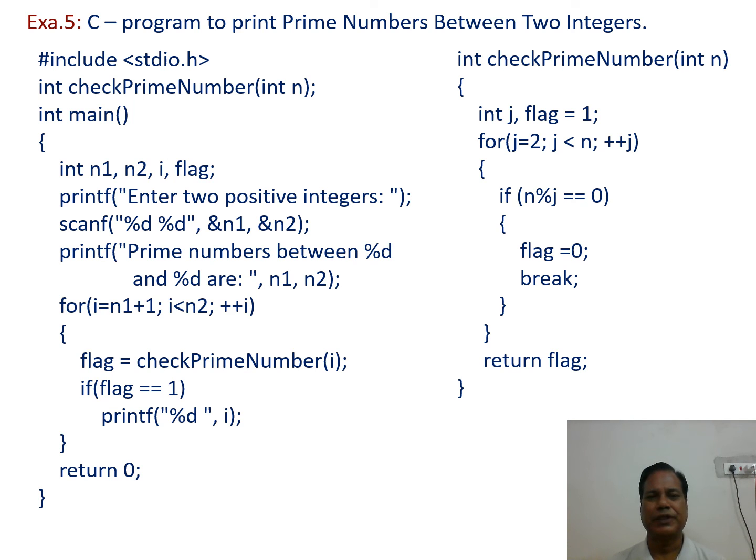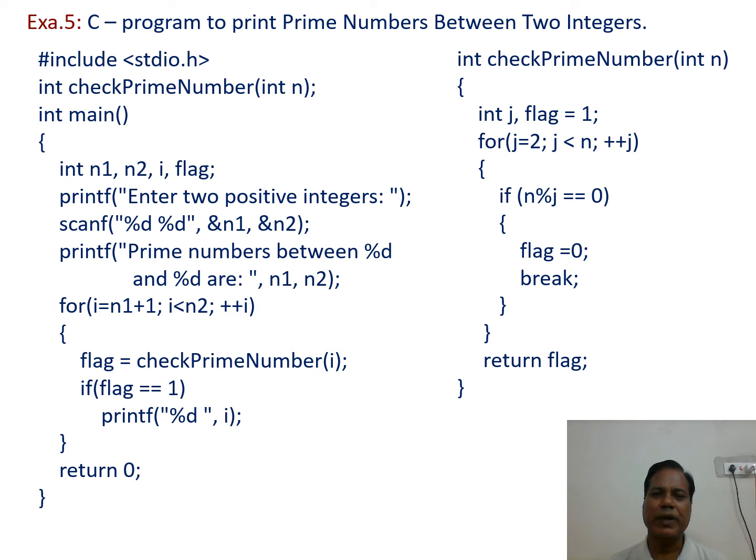Then the main function. In the main function, int n1, n2, i, flag. Four integer variables are declared. Then the printf statement, enter 2 positive integers. This message is printed and the user enters the 2 numbers between which the prime numbers are to be printed, and that is taken in by the scanf function and stored in the 2 variables n1 and n2.